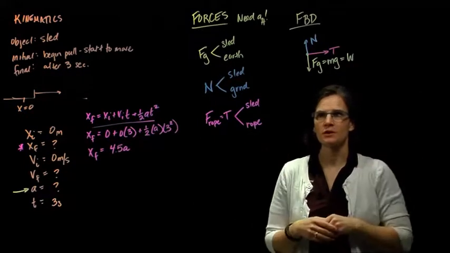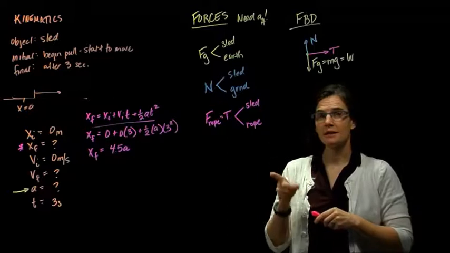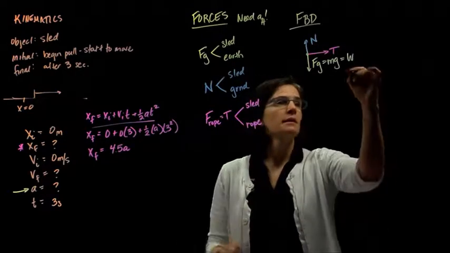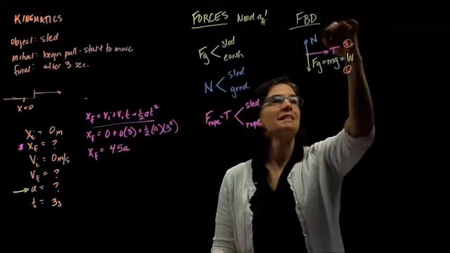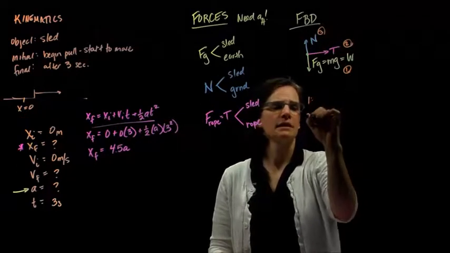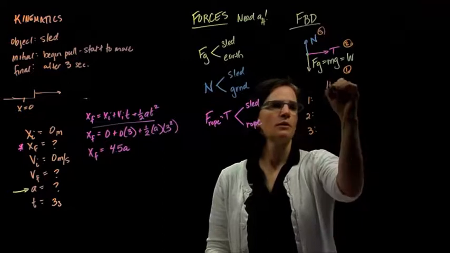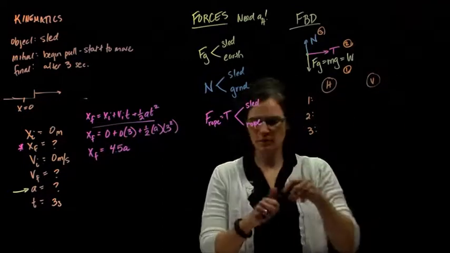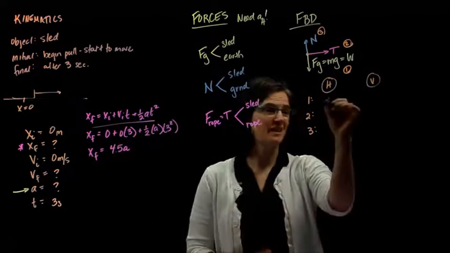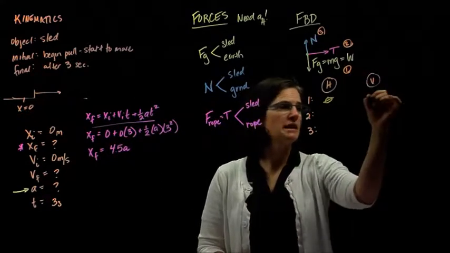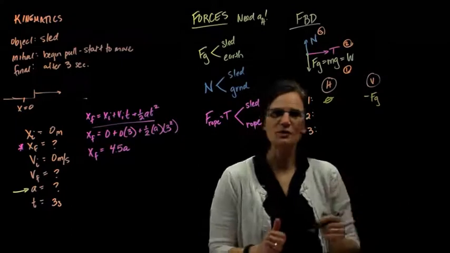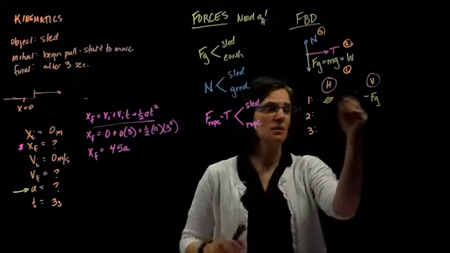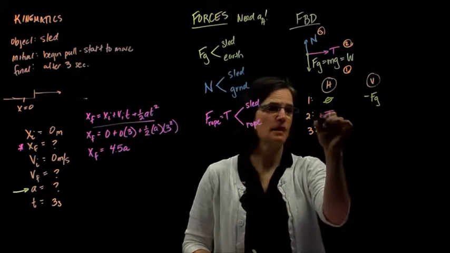Those are our interactions. I'm interested in that horizontal acceleration, so I want to look at the motion that these interactions cause, which means I'm going to examine the forces in both the horizontal and vertical dimensions. So force number 1, my force of gravity, is acting purely vertical. It's pointing down. Force number 2 is my tension. That's acting horizontally and to the right, so it's positive.